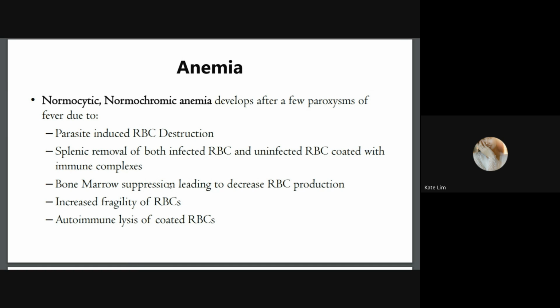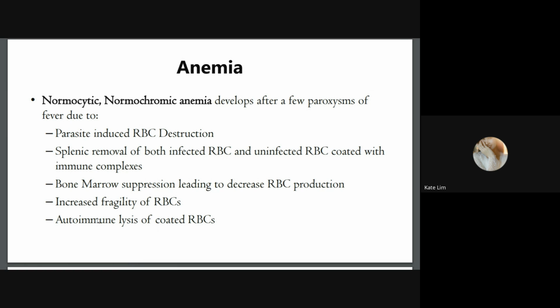And finally, we have your autoimmune lysis. The immune system recognizes the infected RBCs and those coated with immune complexes as foreign. This leads to the immune system attacking and destroying these cells, contributing even further to anemia.